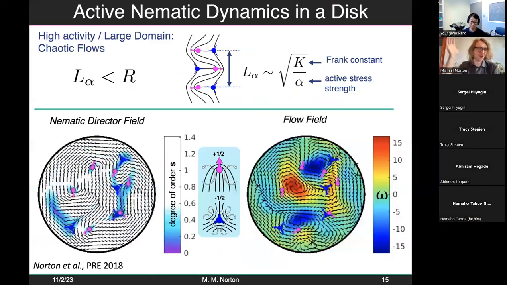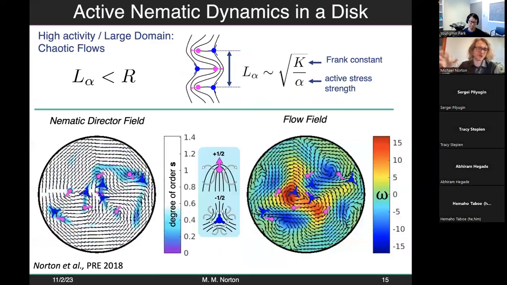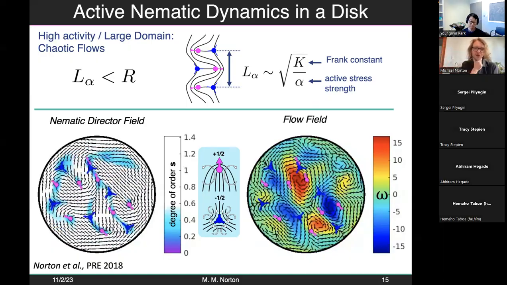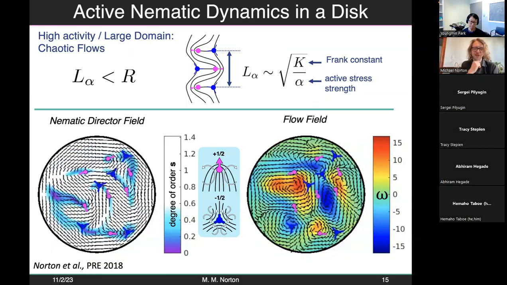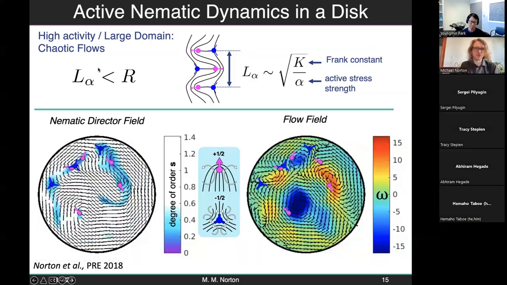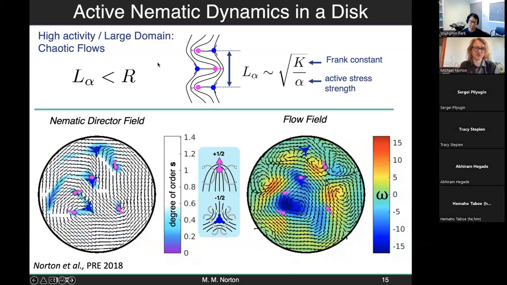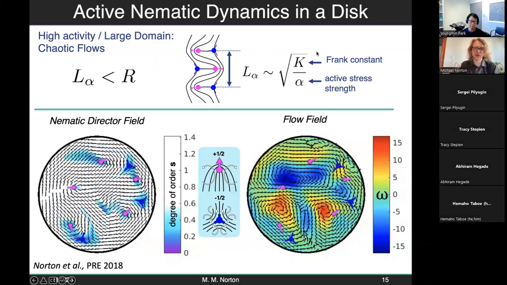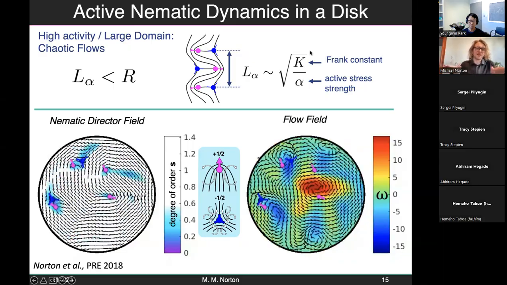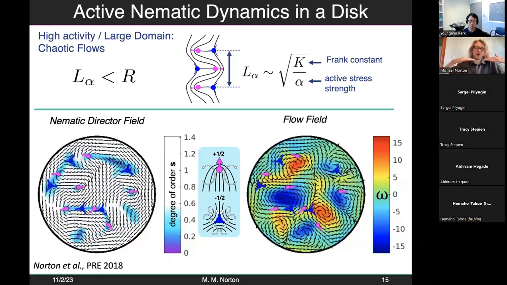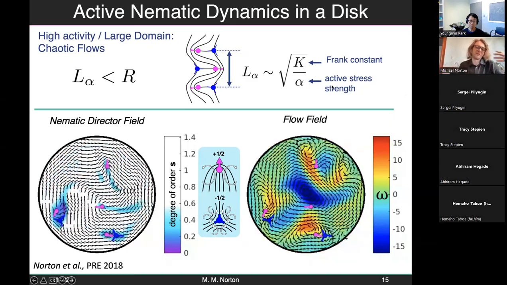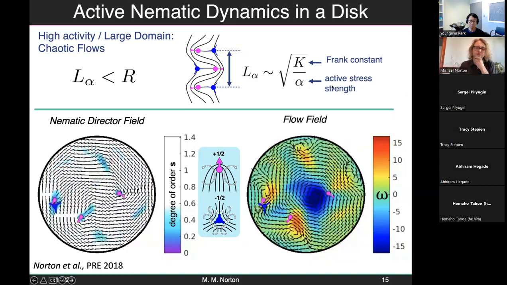Okay, so we throw those equations to, I'm just going to show you some initial finite element simulations without the control being at play to give you a sense of what this system does. There's a natural length scale that emerges from this system that we call the active length scale, and it's a balance between the tendency for the director field to relax and become uniform relative to this active stress strength.